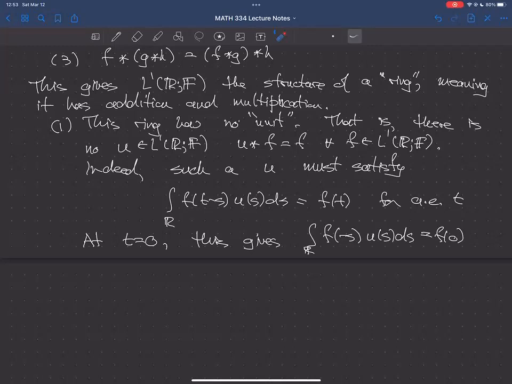It takes an F and gives you the value of F at 0. This isn't a proof that there is no multiplicative unit, but it certainly suggests why that might be the case. I'll summarize that as: it's Dirac-y, meaning U is trying to act like the Dirac delta function, which we know there is no such function.